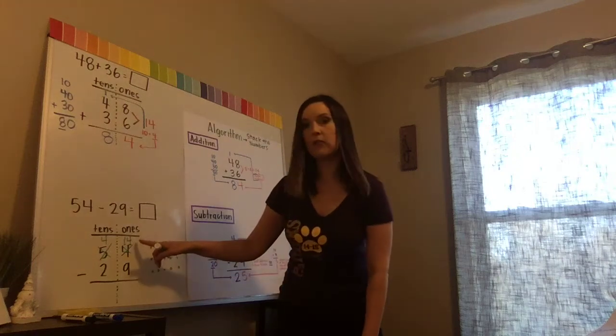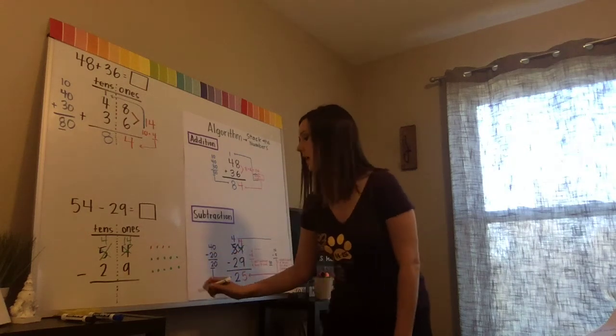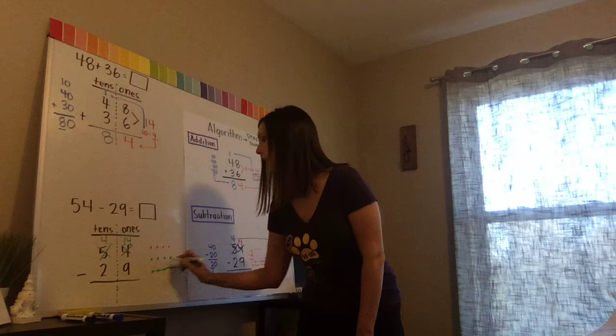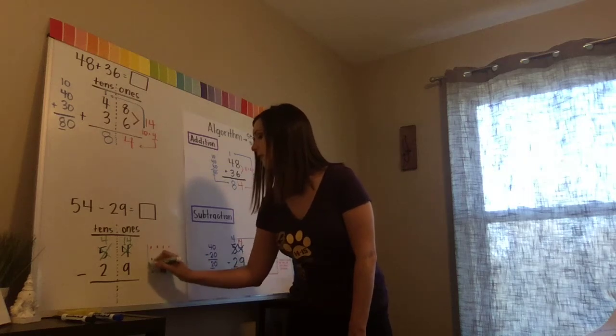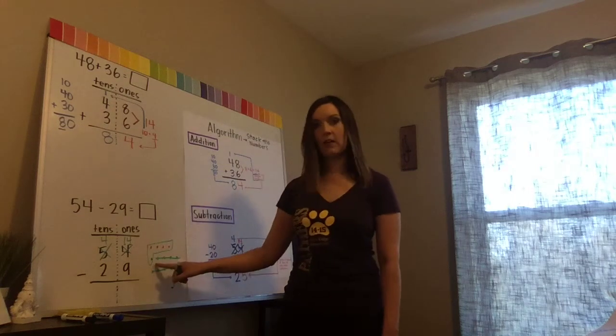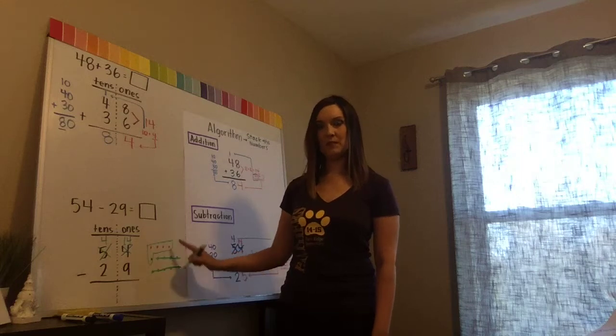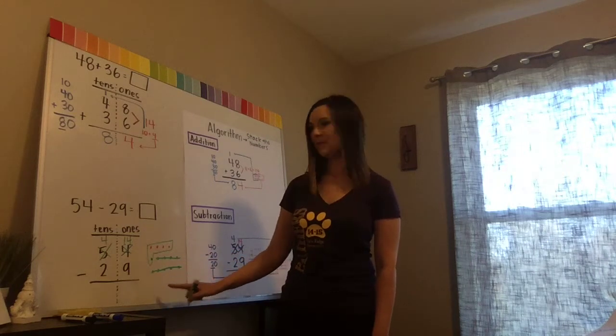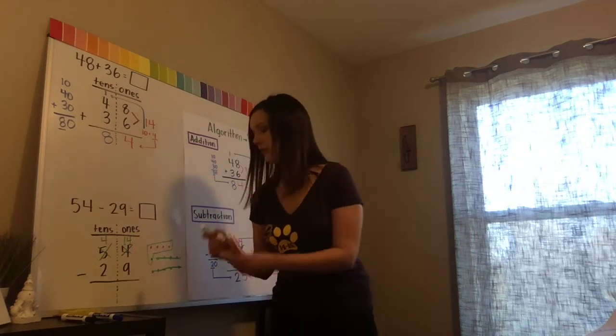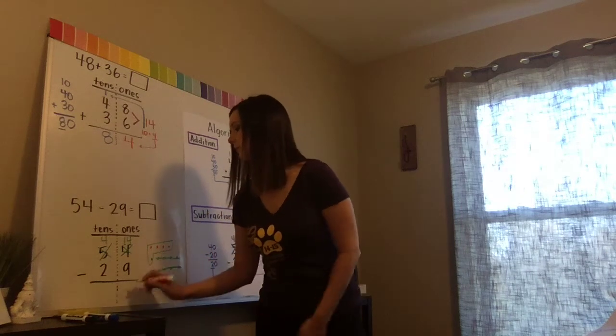So now I have 14 ones, and I'm going to subtract 9 ones. 1, 2, 3, 4, 5, 6, 7, 8, 9. That gives me 5 ones. Notice I'm even using place value blocks over here. 14 minus 9 is 5.